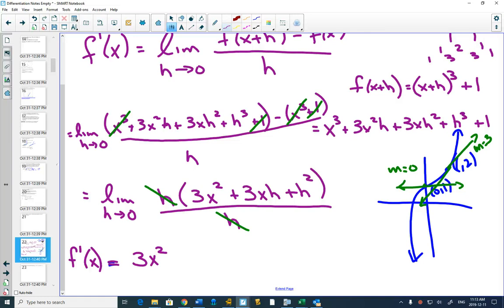And if you did this formula for an x to the 4 graph, you'd have every single tangent line on there, which is pretty amazing. So you get f prime of x is 3x squared. That's the formula for every single tangent line on x cubed plus 1. It is kind of cool. Terribly fascinating.